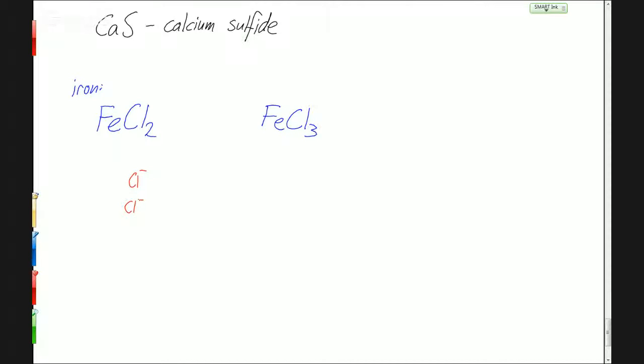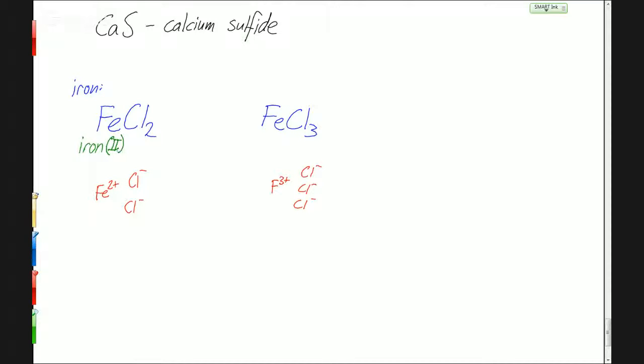What does the Fe have to be to balance that out? +2. And then over here, we've got 3 of these. So what does the iron have to be? +3.